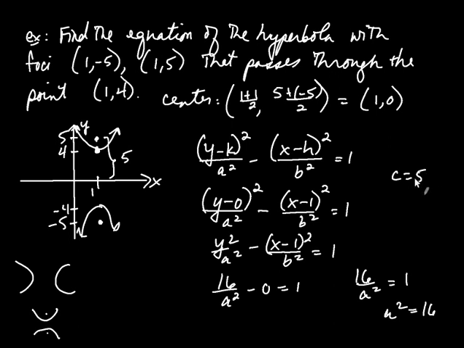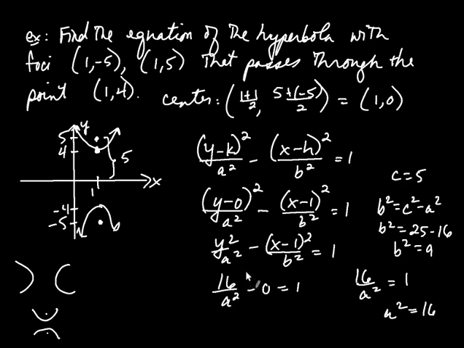And that means my b squared, for a hyperbola, is c squared take away a squared. With an ellipse, they're reversed: it's a squared take away c squared. But for a hyperbola, it's c squared take away a squared. So b squared is c squared, which is 25, take away a squared, which is 16. So b squared is equal to 9.